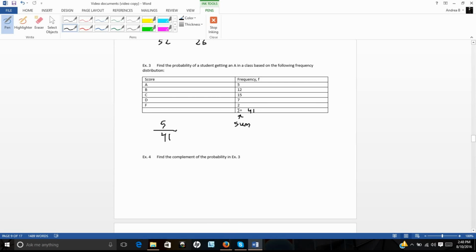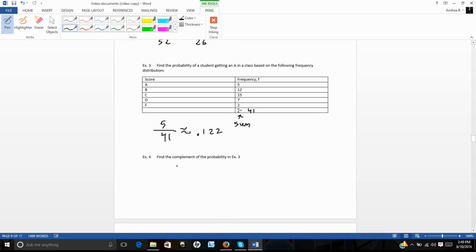So if you prefer, you can just keep it as a fraction. If you keep it as a fraction, though, make sure you check to make sure it's simplified all the way. Or if you prefer, you can divide that out and approximate it as a decimal. Make sure if you approximate it as a decimal that you get at least 3 decimal places for these. So if we do that, we'd get 0.122.